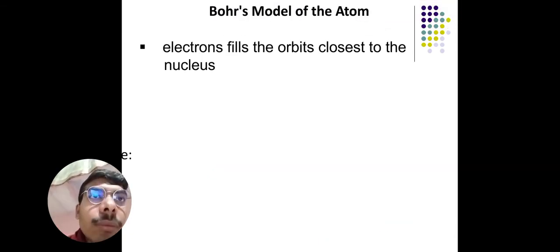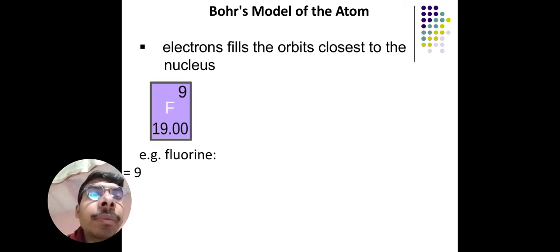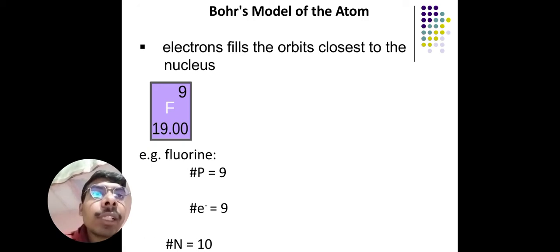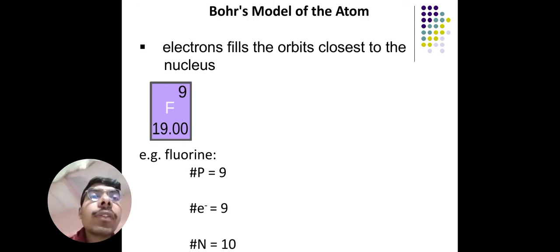Let us discuss the Bohr model of an atom by taking the example of fluorine. Electrons fill the orbits closest to the nucleus. This is an important point. There are many orbits, but the filling of electrons starts from the nearest orbit. Fluorine has atomic number 9 and mass number 19. So it has 9 protons, 9 electrons, and 10 neutrons.